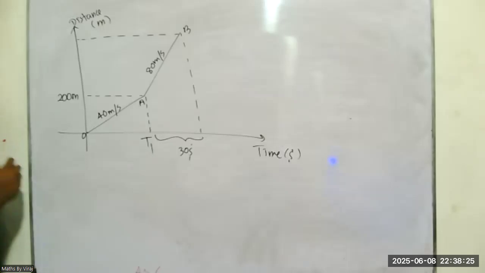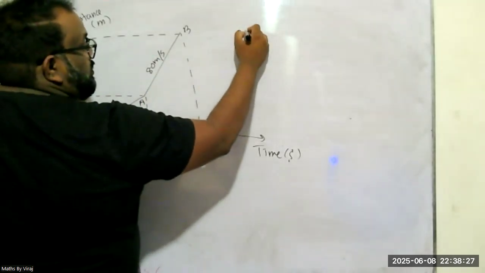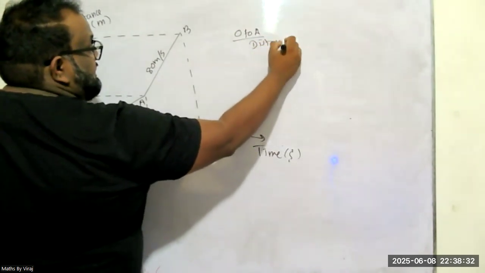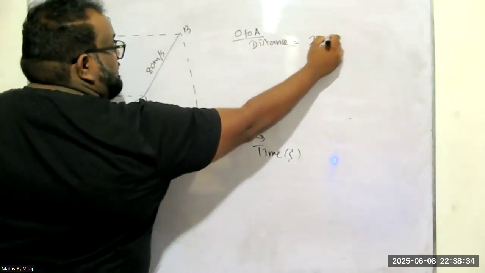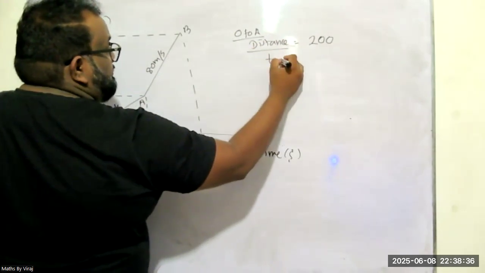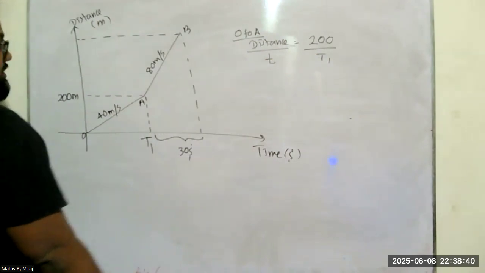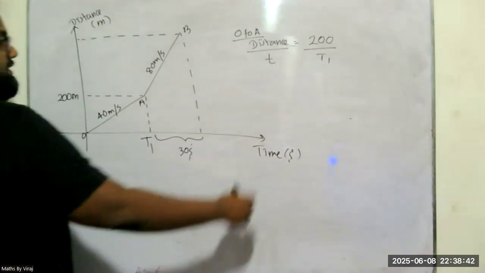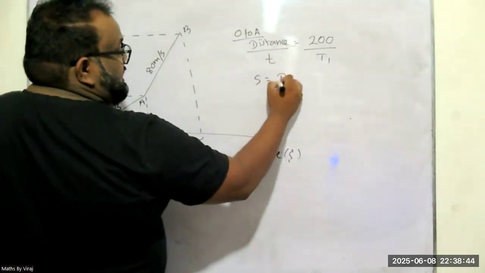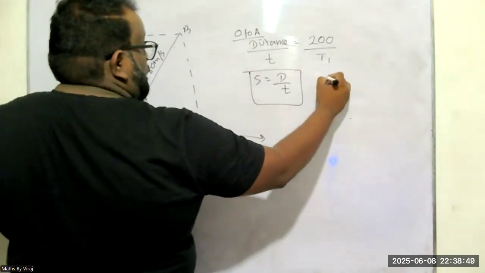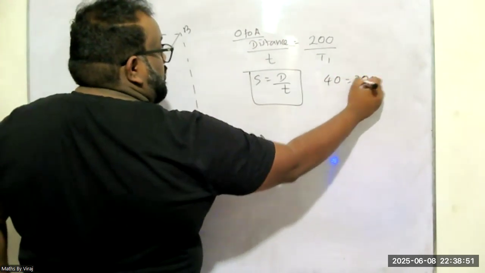We know that from O to A, distance is given 200, time unknown t1, but the speed is 40 meters per second. Speed is equal to distance over time. This is our golden equation. 40 is equal to 200 over t1.